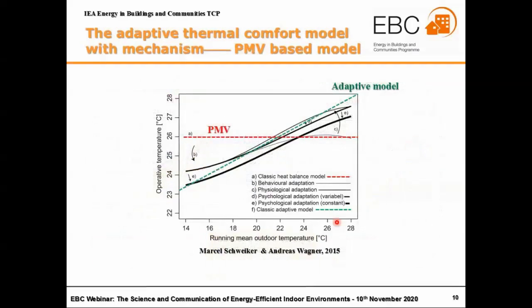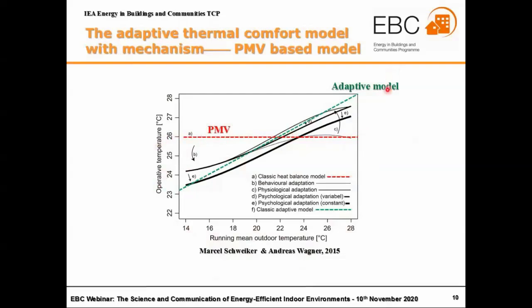And the second adaptive thermal comfort model is a PMV-based model. You can see from the figures the red one is the typical PMV model, and the other is the adaptive model. The PMV is the same no matter what the conditions; at the same temperature, no matter how the outdoor temperature changes, the thermal sensation is the same.